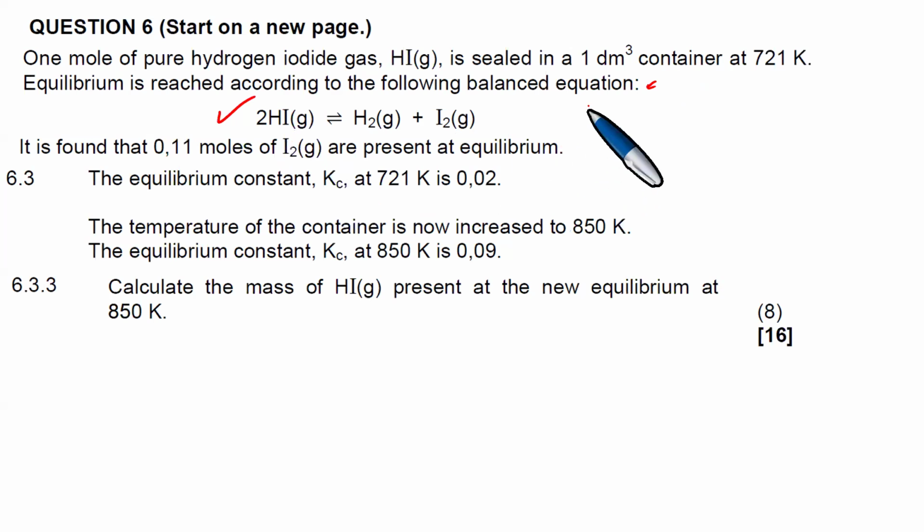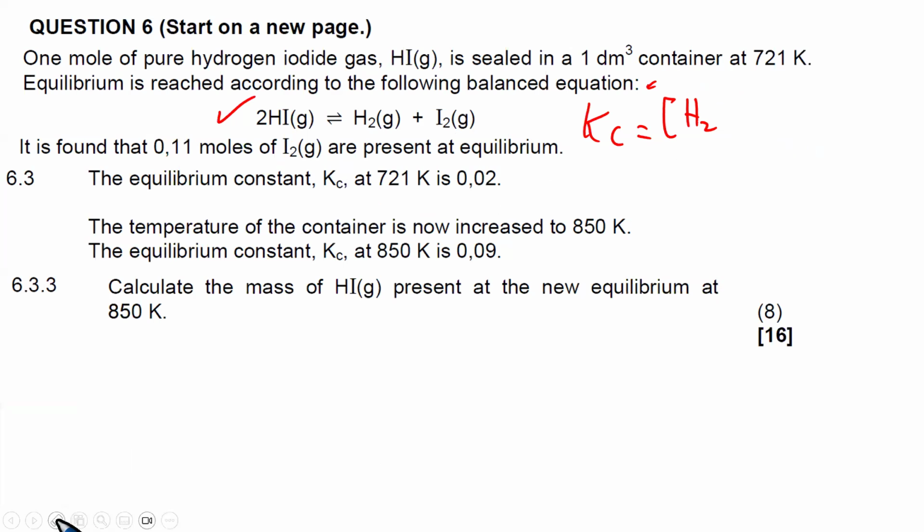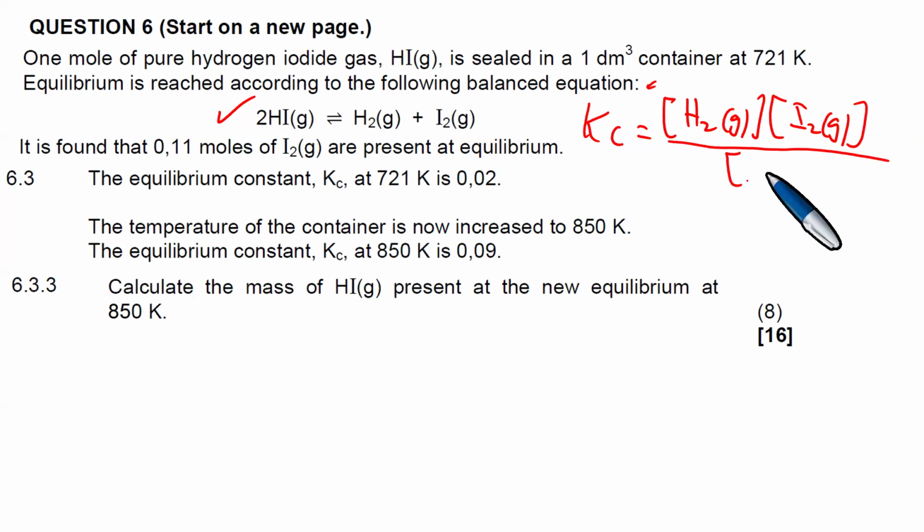For the Kc, we take the products, hydrogen and also iodine, and we divide by the hydrogen iodide gas. We square this because of the number of moles of the hydrogen iodide too.